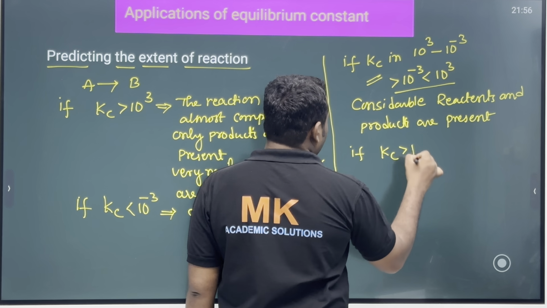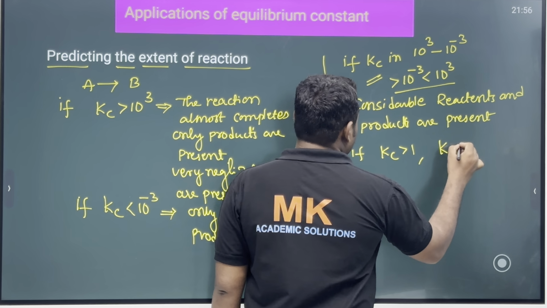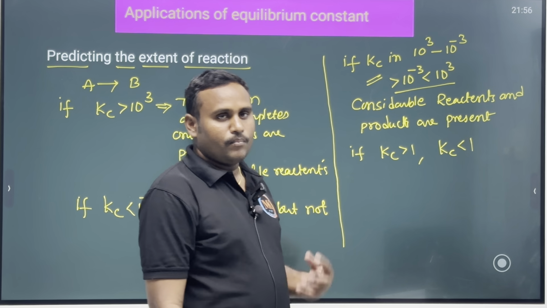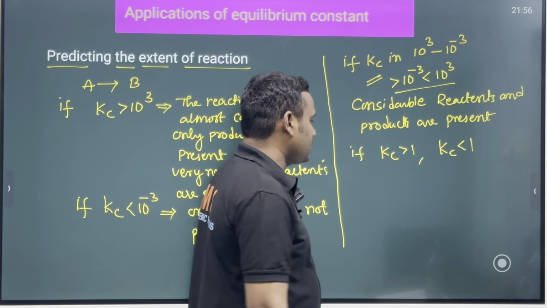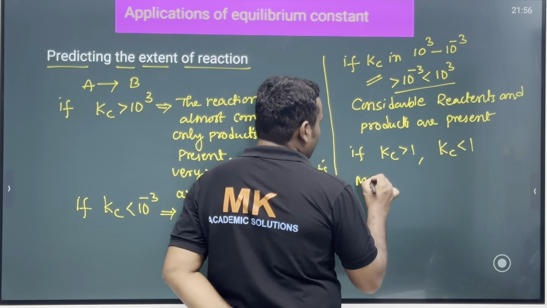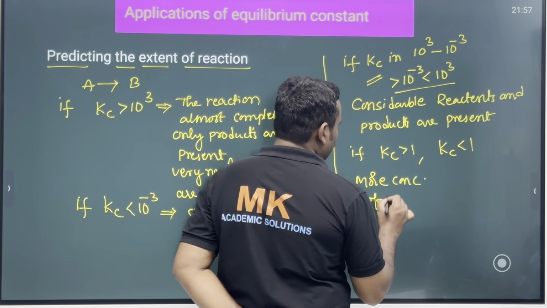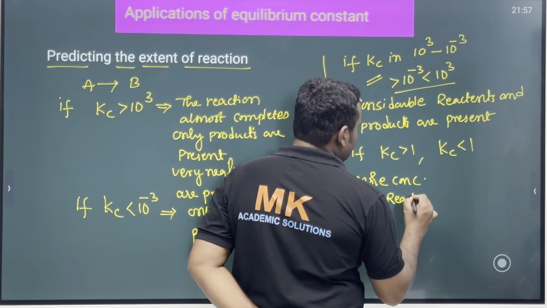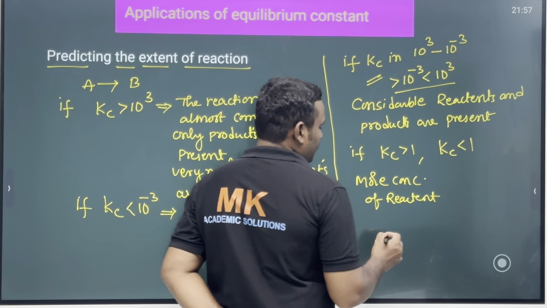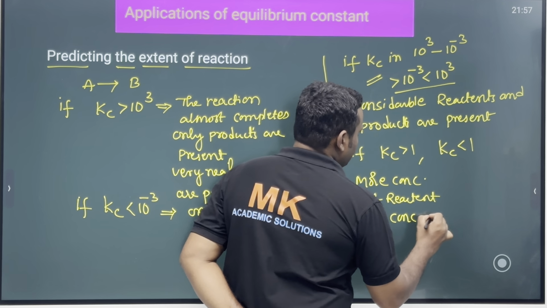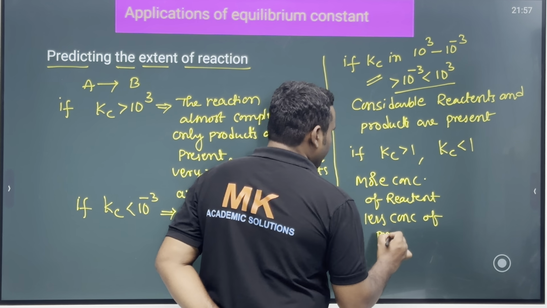Okay, next, if Kc is greater than 1 and Kc is less than 1. If Kc is greater than 1, it means a more concentration of products and less concentration of reactants.